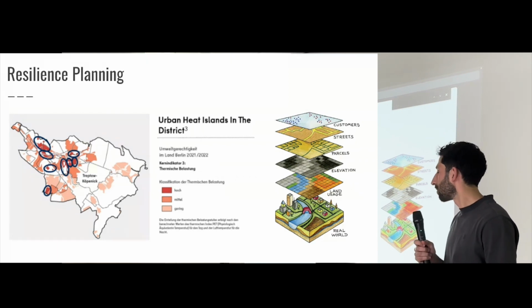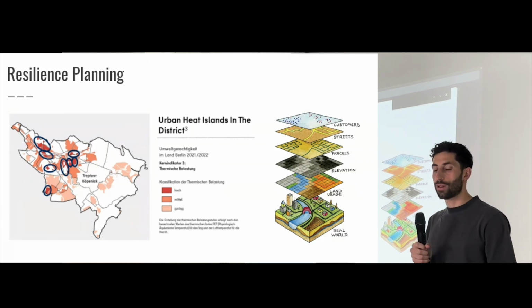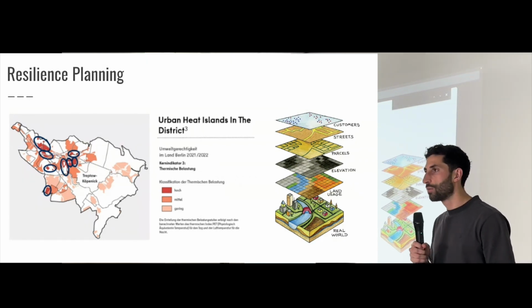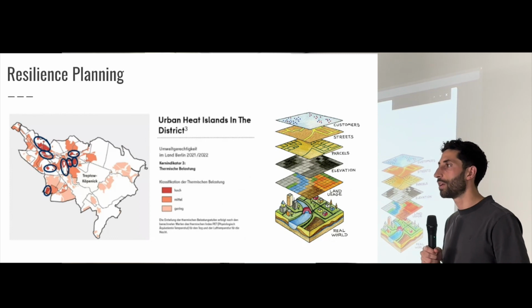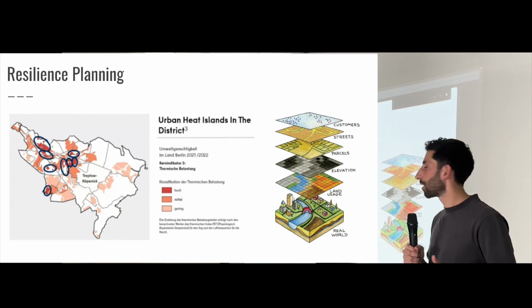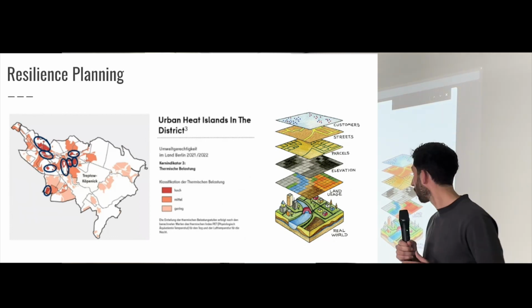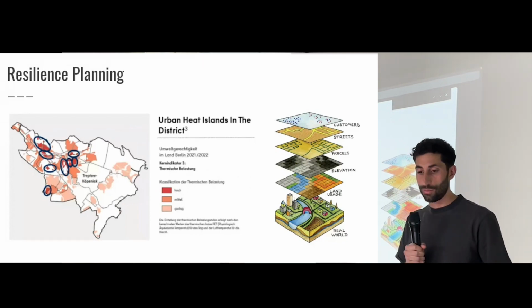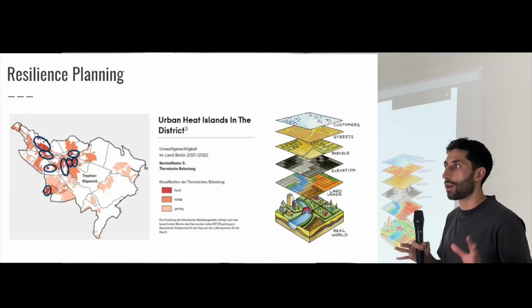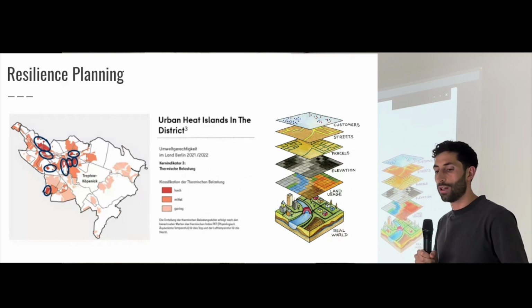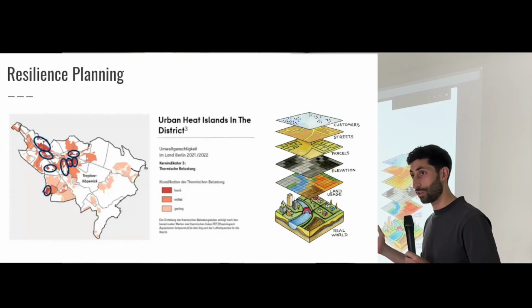One topic which is partly my background is resilience planning, a topic that is trying to be solved right now. Wealthier countries are throwing lots of money into this problem, but it's extremely complex. The image on the left is from the Berlin Climate Resilience Plan, highlighting hot regions and regions under heat stress. But that's the resolution we're dealing with.